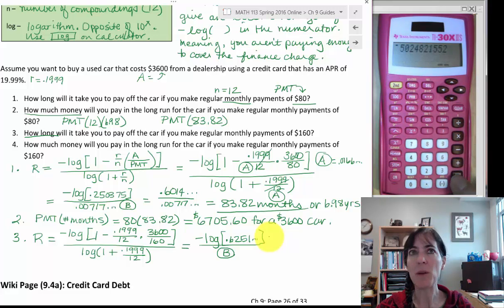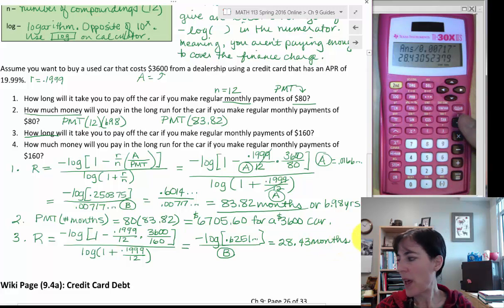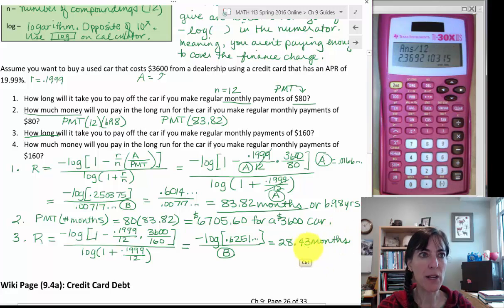Slide over to B, push equals, enter, and I get 28.43 months. And if I wanted to know, I could divide by 12 and find out that that is 2.37 years.